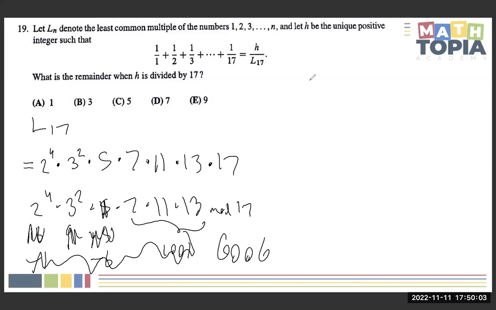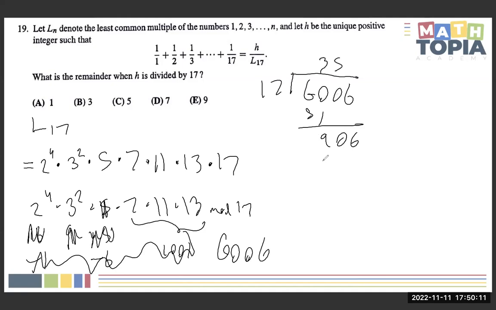And if we divide 17 into 6006, we get a remainder of 5, and that's our answer.